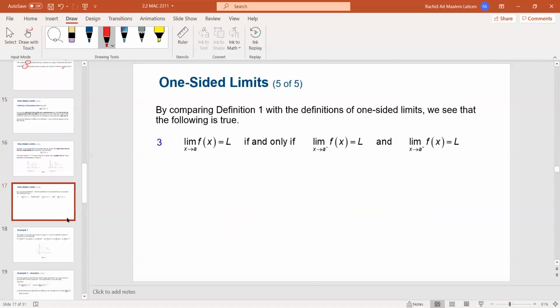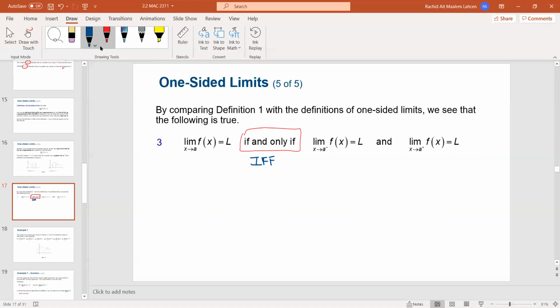But now here is an interesting fact to know. If and only if, and we write it as an abbreviation like this, the limit of a function equals a value L, let's say here L, as x approaches a, if and only if it approaches that value or quantity from both sides, from the left and the right.